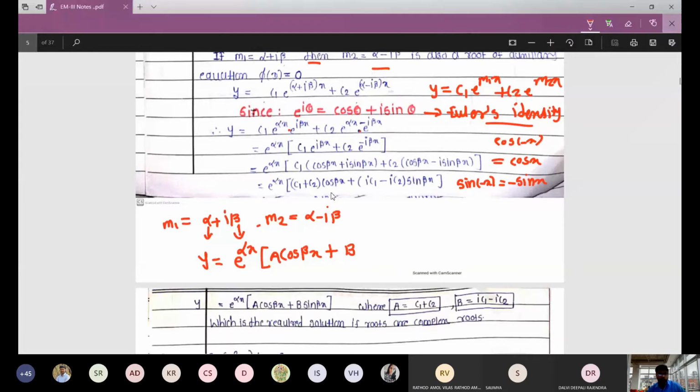The proof of that solution is here. I already taught you the proof, but in case of examples, you just have to write the solution directly in this form. If you get the complex root, just identify the real part and the imaginary part, and write the solution in this form. That's it.